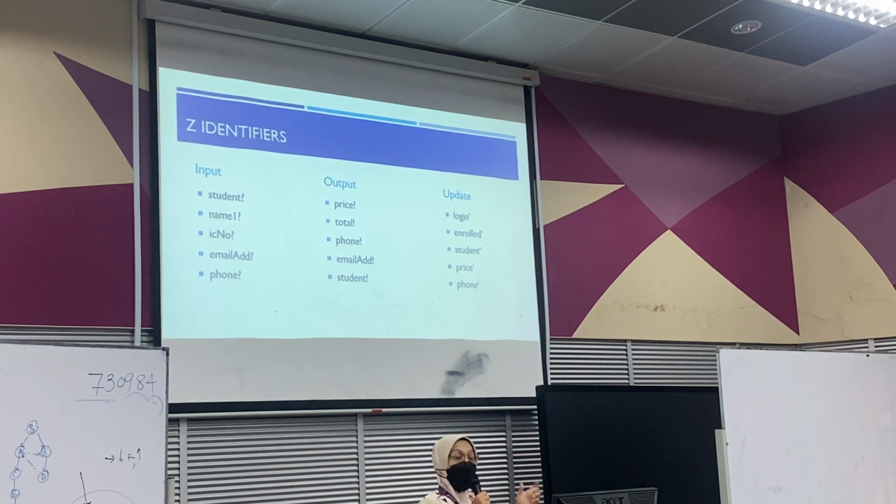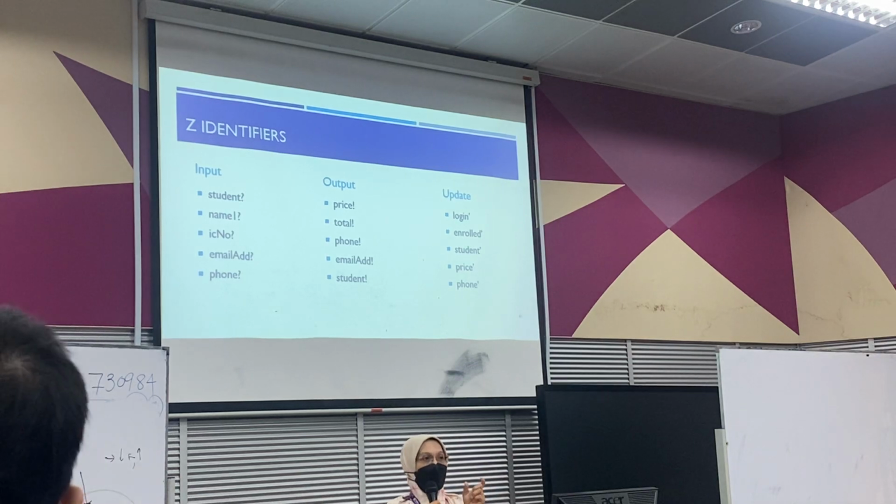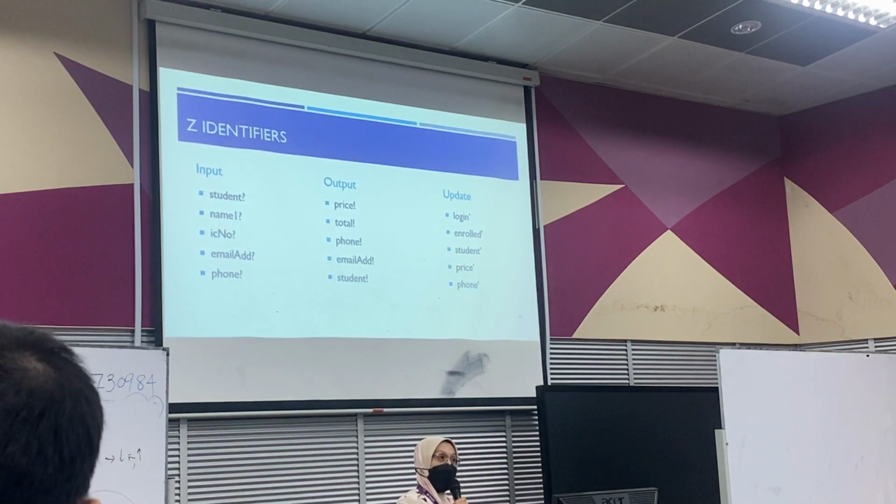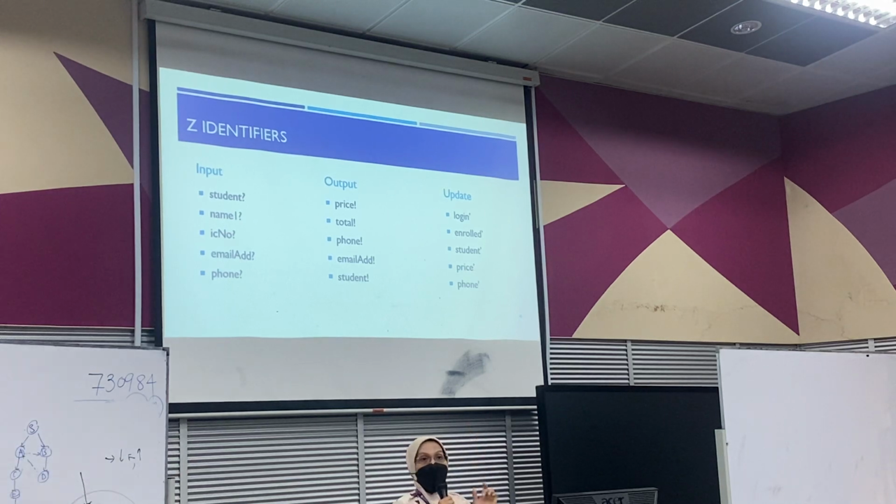You can use the same variable name there, no problem. Just don't get confused. If you want to show output but you use an input variable, then it is wrong. So you have to know that question mark is for input, exclamation mark is for output, and prime or apostrophe is for the change or update after that.